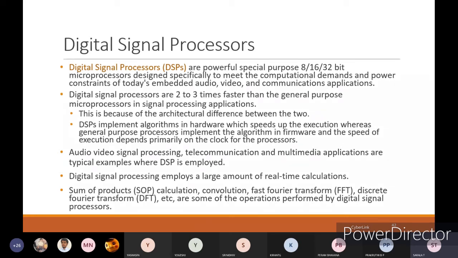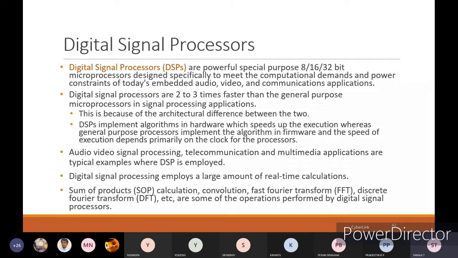Whenever we go for digital signal processors, it is always for processing functions, wherever you need audio processing, video processing, image processing, and communication applications.